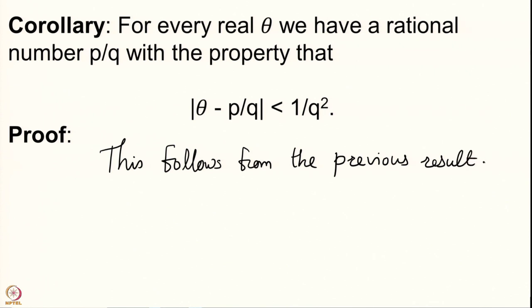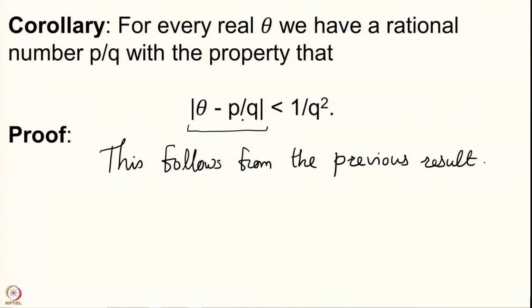For any real theta we have a rational number p by q with the property that the distance of theta and p by q is less than 1 upon q square, and this q can in fact be chosen such that it is between 0 and capital Q for any integer capital Q bigger than 1 that you choose. So, the statement given here is a weaker statement. We have actually proved something which is even stronger.